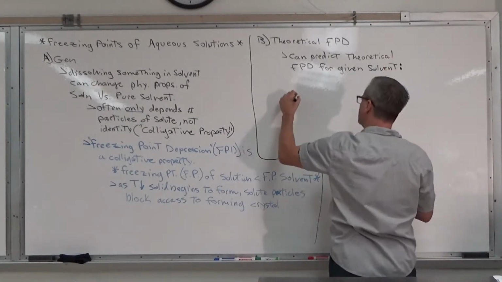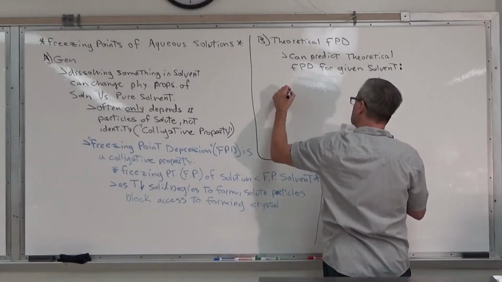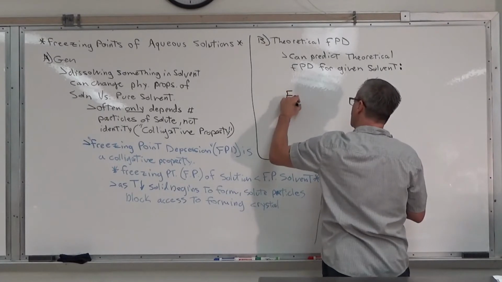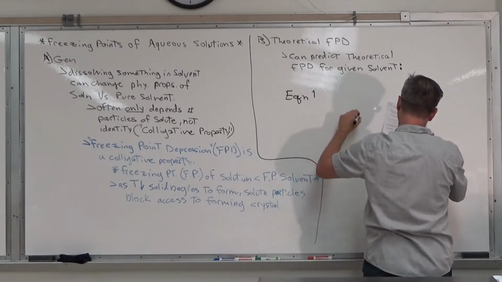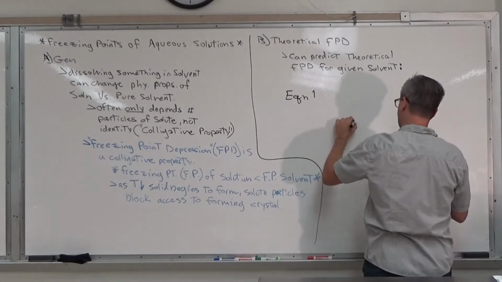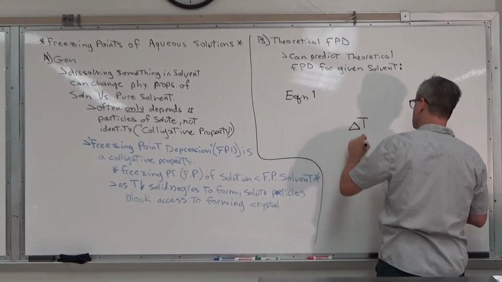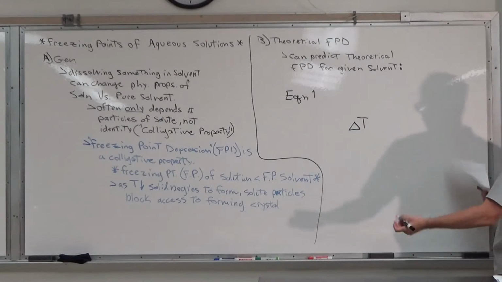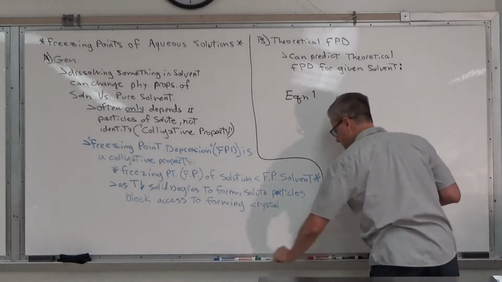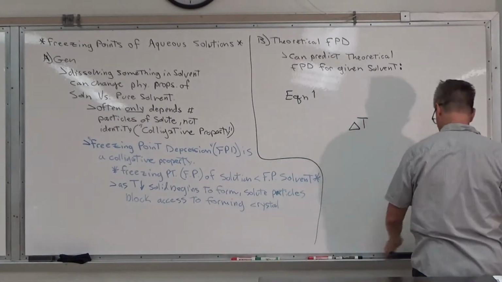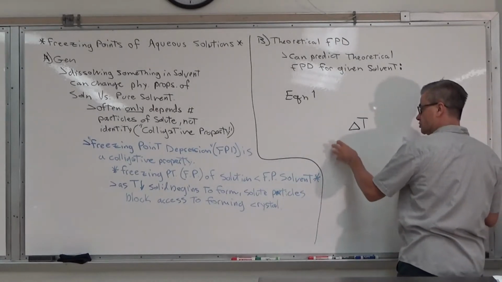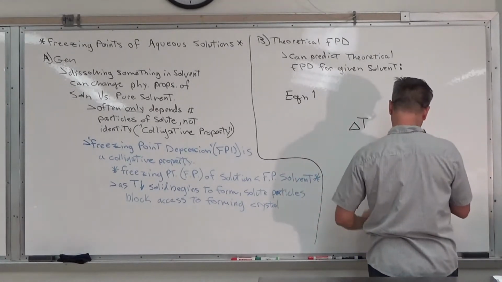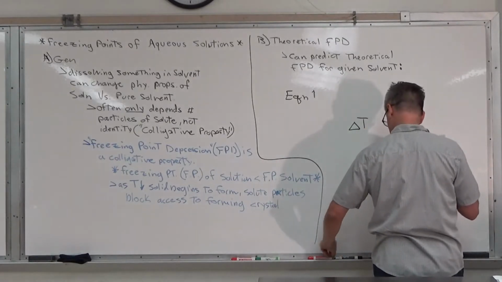And that's given by, I've got a bunch of different formulas in this pre-lab today, so I'm actually going to give them numbers. So this is equation 1. We have delta T, which is the change in temperature of solution versus solvent.